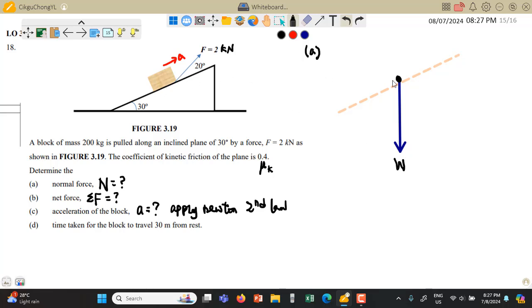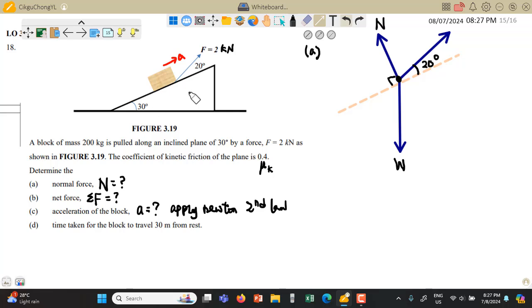Then the block is put on a surface, so perpendicular to the surface, we have the normal reaction force N. Then we have an applied external force, acting at an angle of 20 degrees from the inclined plane.